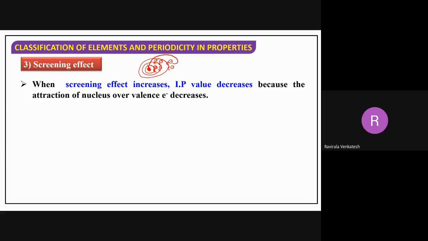The screen is made up of electrons, and this screen is preventing the attraction of outermost electrons by the nucleus. This is called the screening effect. Understood everyone? If you have any doubt, ask me again. No doubt?